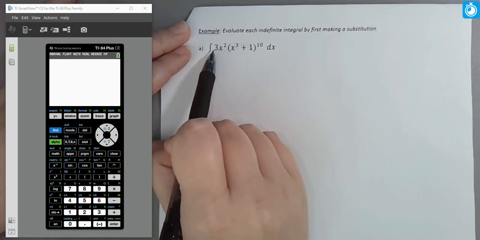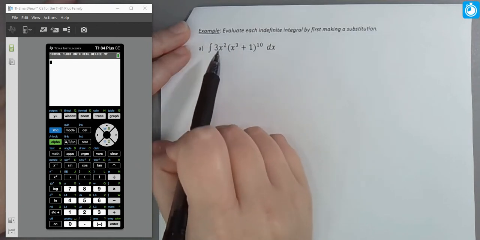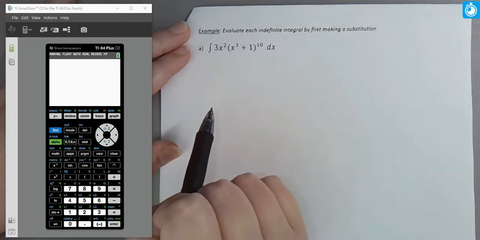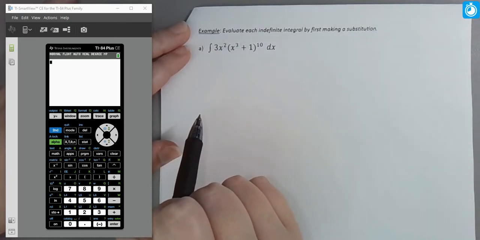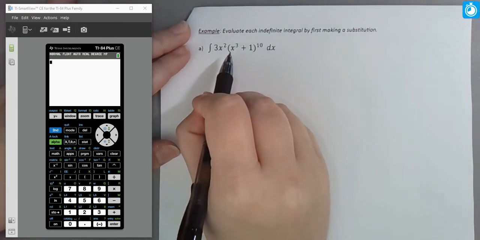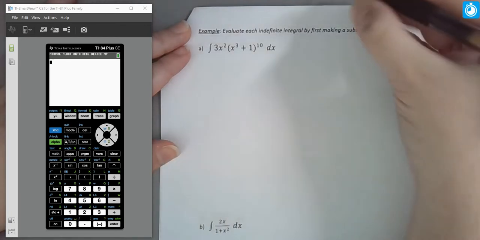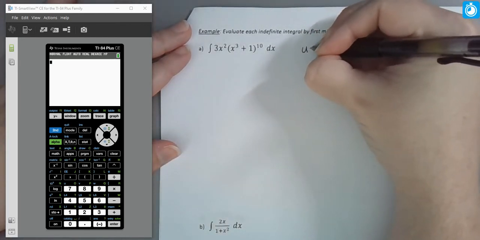We have the derivative of the inner function as a factor. In other words, it's multiplied by what we have in the rest of the problem. So we have exactly what we need in order to use the substitution technique. So in order to substitute, what I'm now going to do is identify again my inner function, x cubed plus 1, and I'm going to reassign that the value of u.